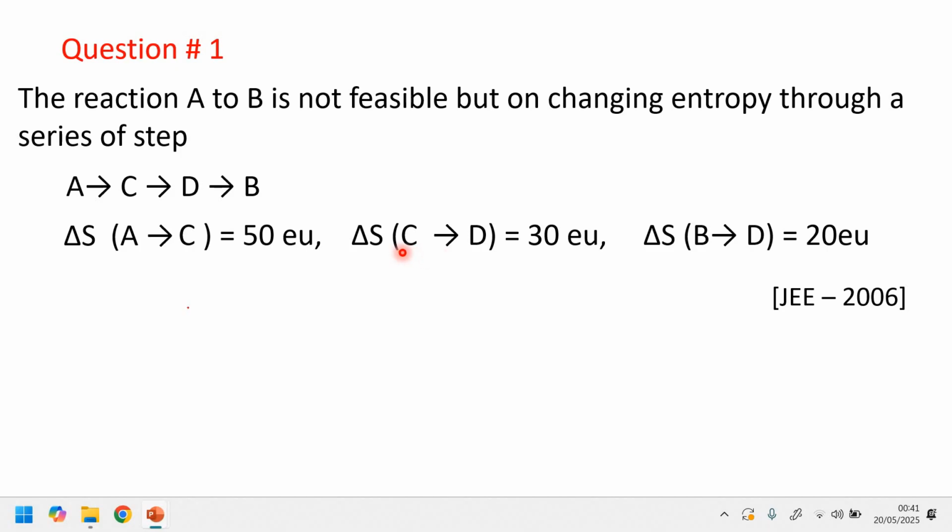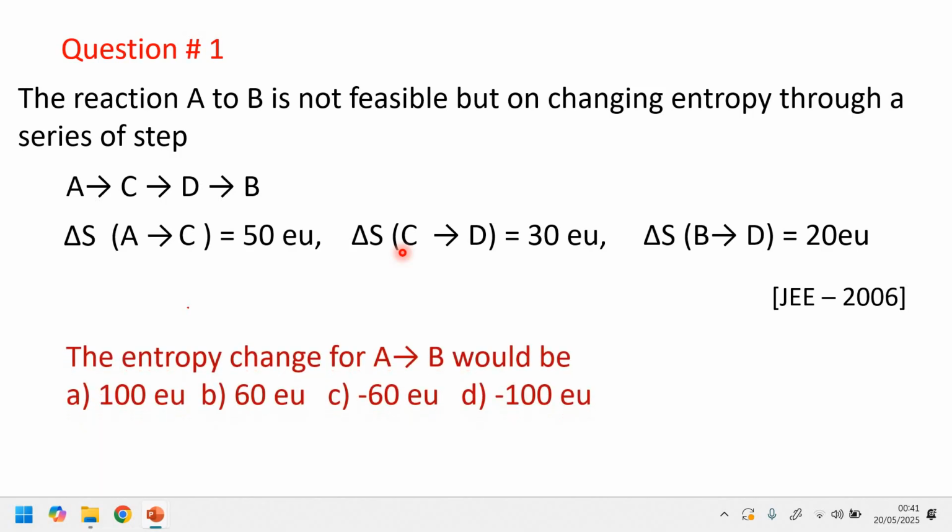Now the question is, the entropy change for A to B would be what? Option A 100 entropy unit, option B 60, option C minus 60, option D minus 100 entropy unit.